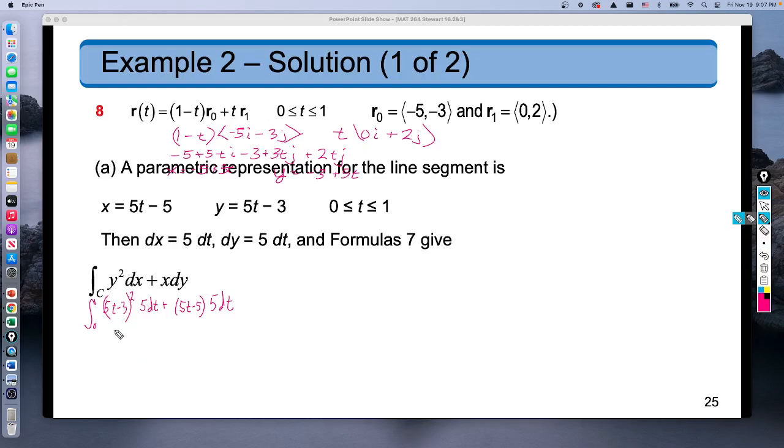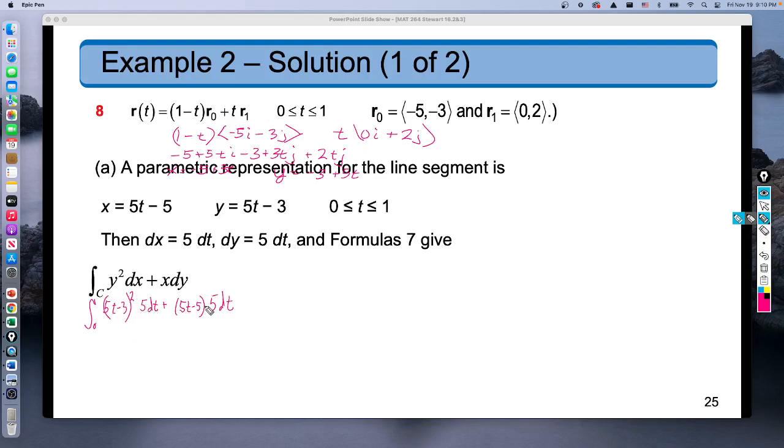Let's see, sorry, I'm getting different answers than they're getting, but so we square this out, so 5t minus 5 squared.